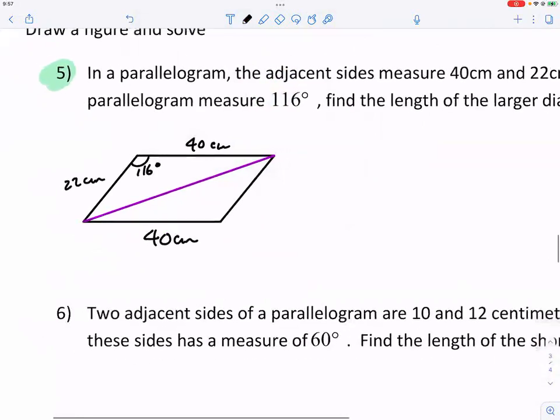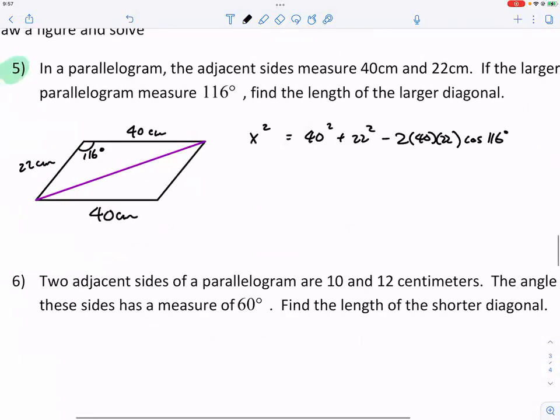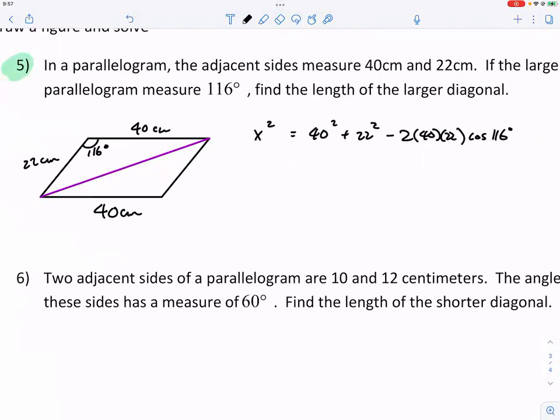So we will do our missing side right here. So let's just say x squared is equal to 40 squared plus 22 squared minus 2 times 40 times 22, and then cosine of 116. Again, the main character here will be the angle and the side. They're opposite to each other.